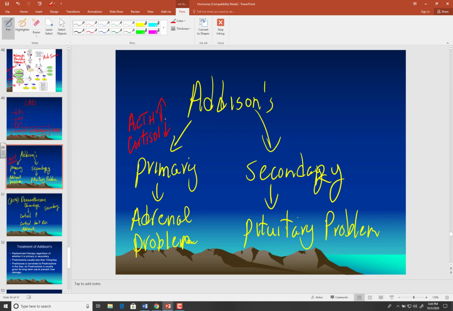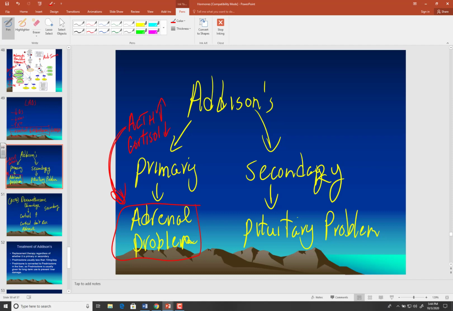If the adrenal gland was releasing cortisol, then it would feed back on the pituitary to say, stop releasing ACTH. But if the adrenal gland is the problem and it's not releasing cortisol, then the pituitary is going to do its thing and say, hey, buddy, come on, release some cortisol. So in primary, the ACTH will be elevated and the cortisol will be low or non-existent.